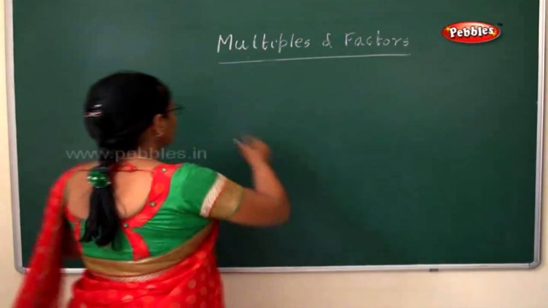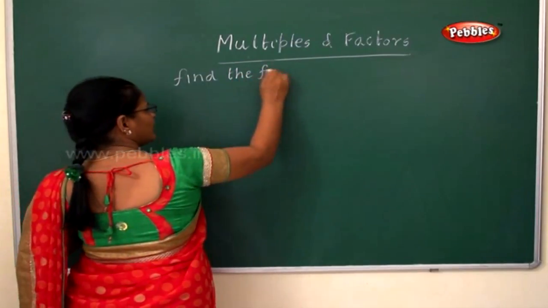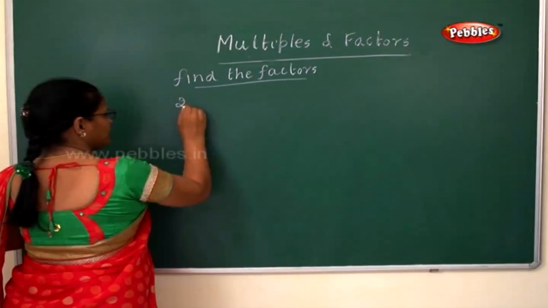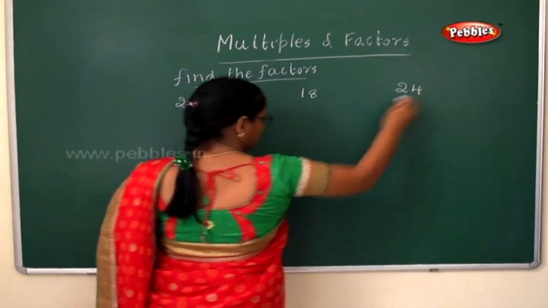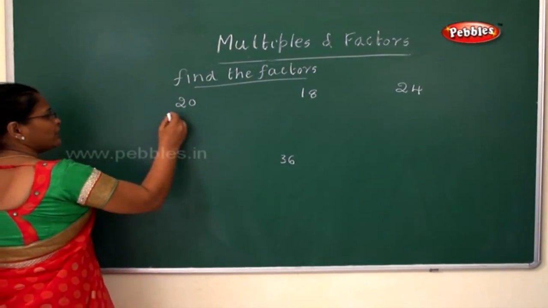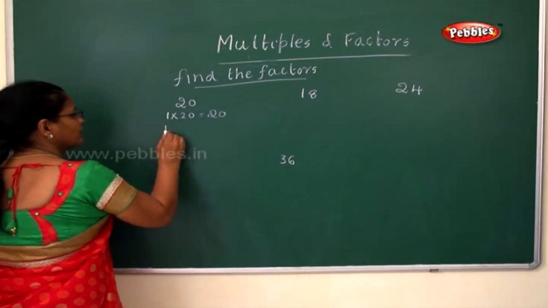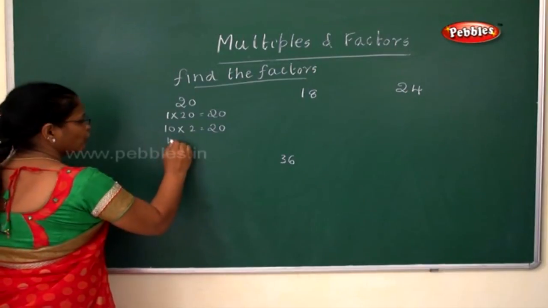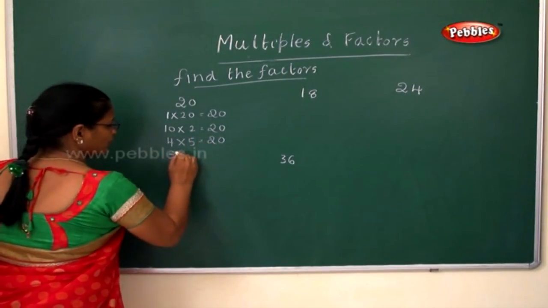See the next one, find the factors. In the same way, find the factors of 20, 18, 24, 36. As I told you, for 20: 1 20 is 20, 10 2s are 20, 4 5s are 20, 5 4s are 20.